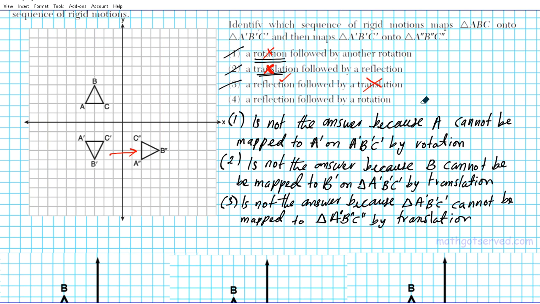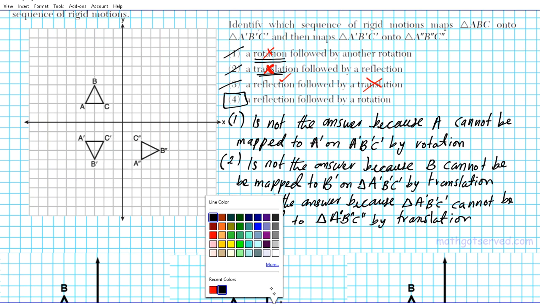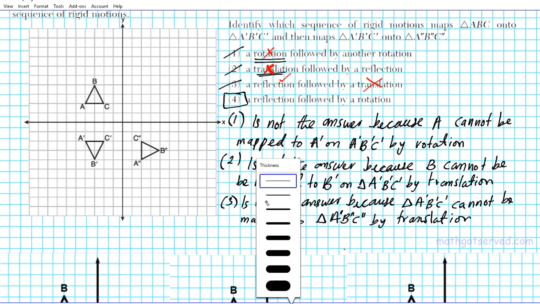By elimination, we can automatically see that the answer is option number 4. A reflection followed by a rotation. Alrighty? So let's take a look at it and see if this makes sense. So we have already established the first rigid motion transformation. We said that just by reflection alone, you can take triangle ABC to A prime, B prime, C prime.